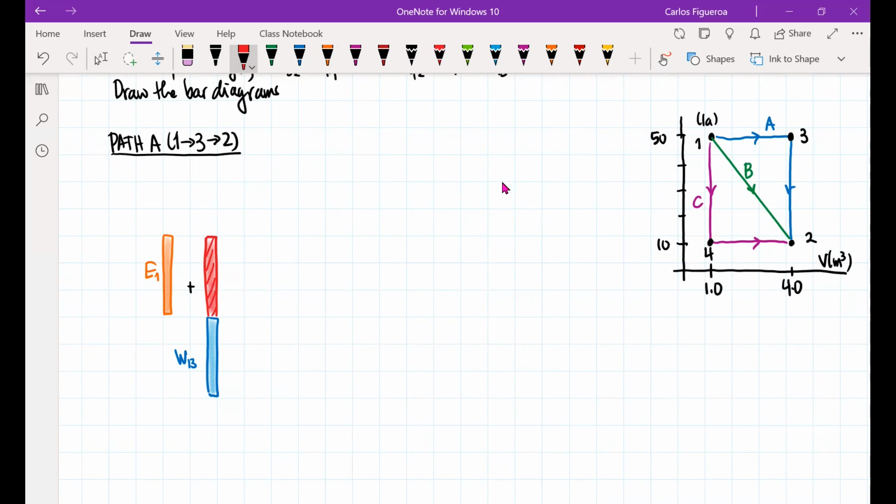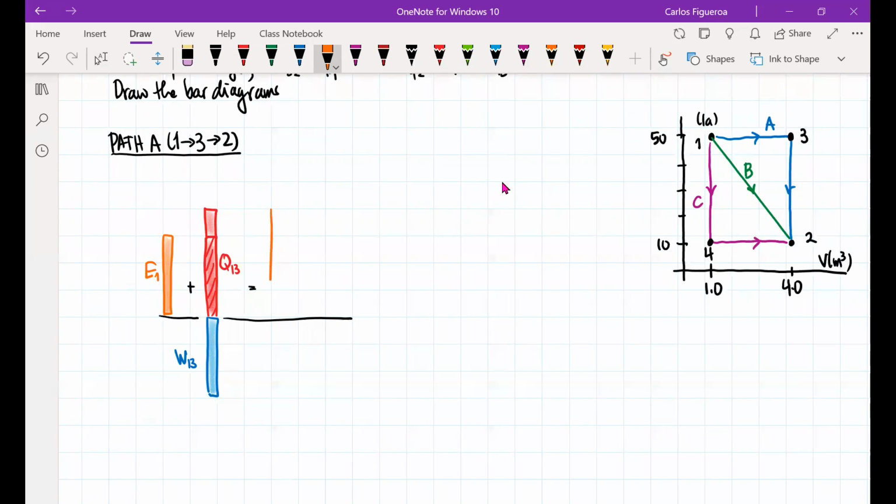So now the heating is more than the work. This guy right here is the heat from 1 to 3. As a consequence, there's now an increase in internal energy, and you can see that the increase in internal energy is 1.